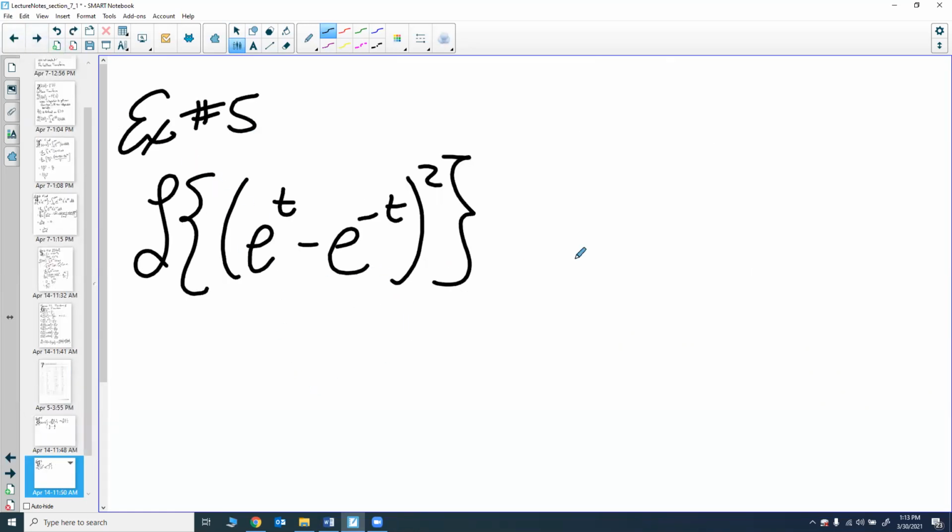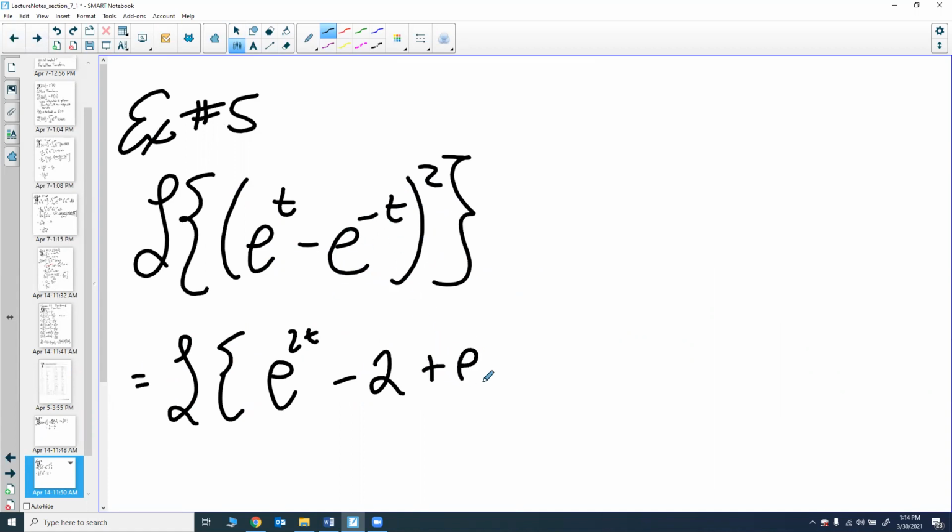Everything's fine. Here's another one. Let's find the Laplace transform of (e to the t minus e to the minus t) all squared. So the first thing I need to do is find out what that is squared. That'll be e to the 2t. e to the t times e to the negative t is just 1. It's going to happen twice, so you're going to get 2 of them, so minus 2. And then you're going to have e to the minus t times e to the minus t, which is plus e to the minus 2t.